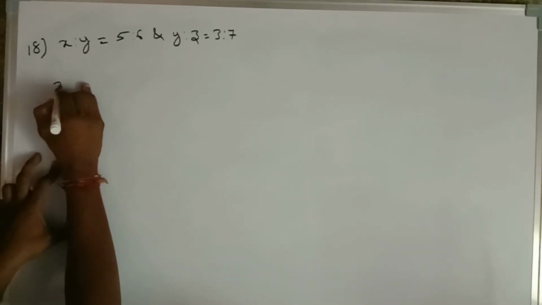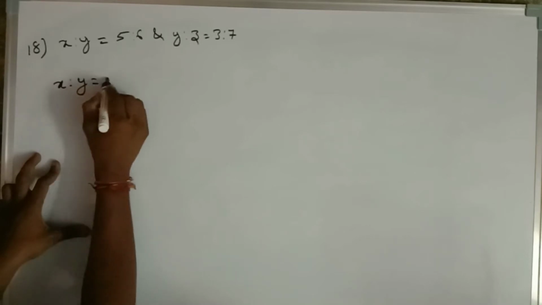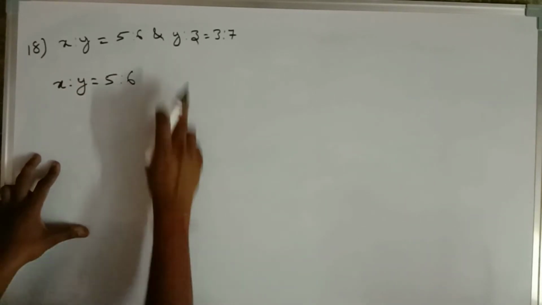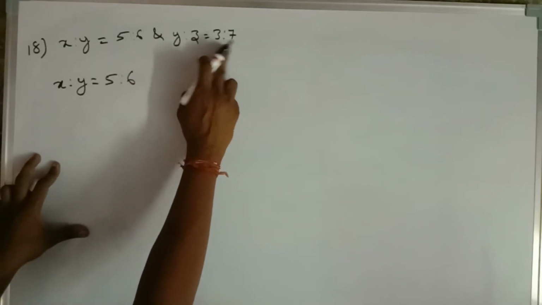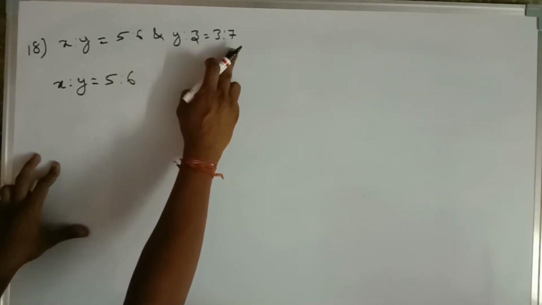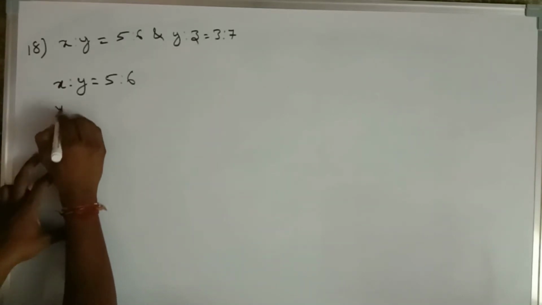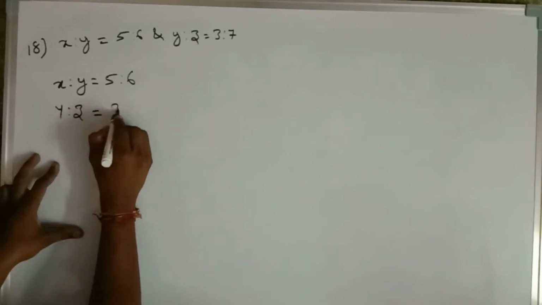So here x is to y is equal to 5 is to 6. The same way I need to get 6 here. Then how much I have to multiply to get y is to 6 here? So that is y is to z is equal to 3 is to 7.